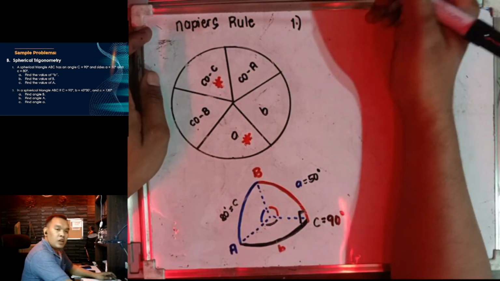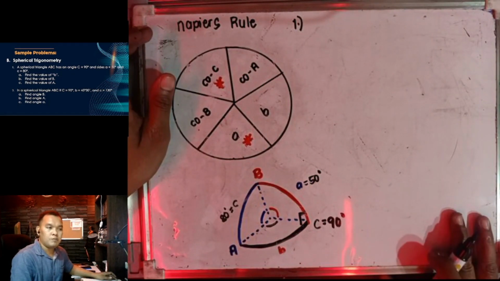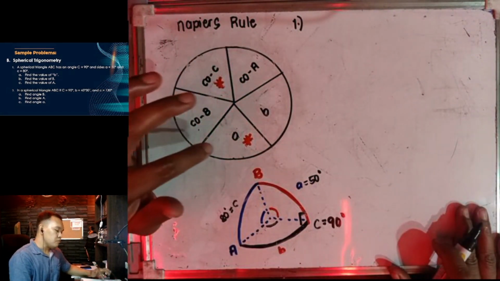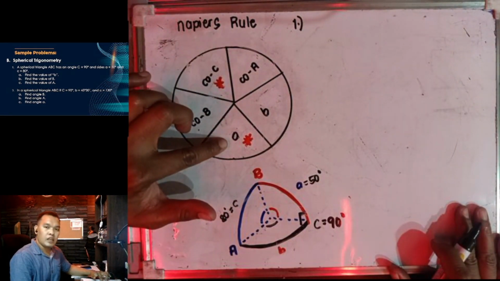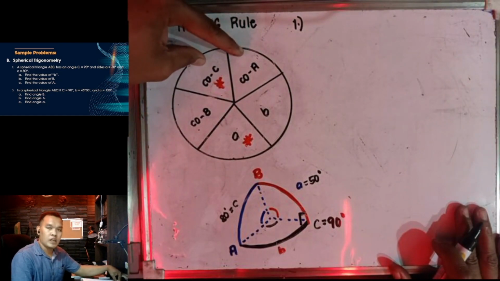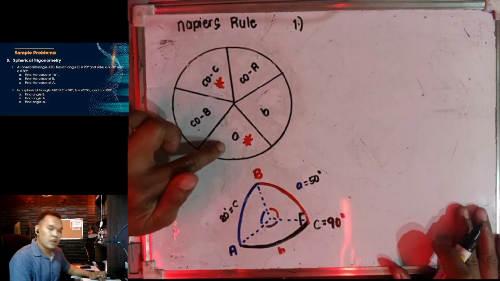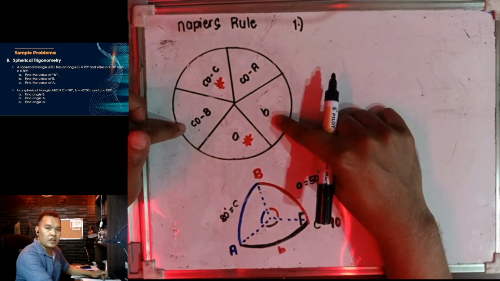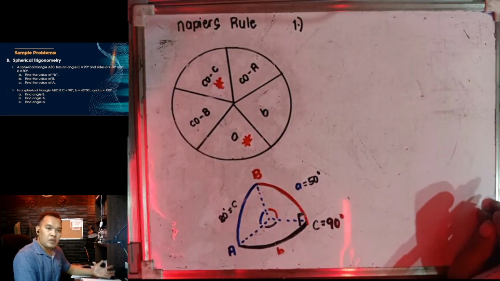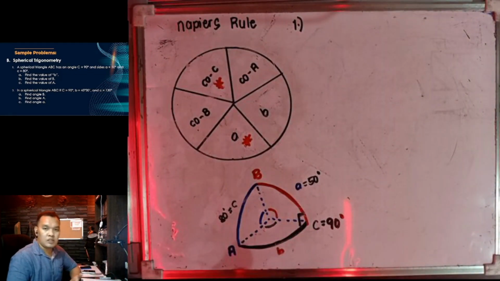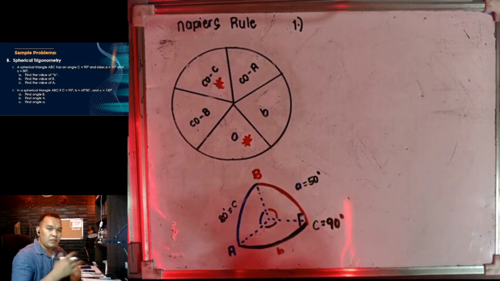So, sabi pala dun sa Napier's rule, si sine ng angle is equivalent kay cosine ng dalawang opposite angle. Or either, si sine ng angle is equivalent dun sa tangent ng adjacent angle niya, no? So, kapag tayo nagko-compute ng ganito, so we could gamitin natin yung kung ano lang yung given para at least magkamali ka man dun sa isa, hindi magiging domino effect.